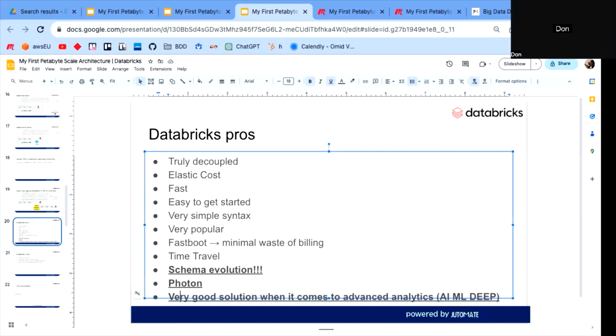I think from what I learned about Databricks, Databricks claims itself as a unified analytics platform. The advantage of Databricks is you can do all the analytics, data processing, and machine learning on its platform. If you're using AWS, you have Redshift or you have Snowflake.